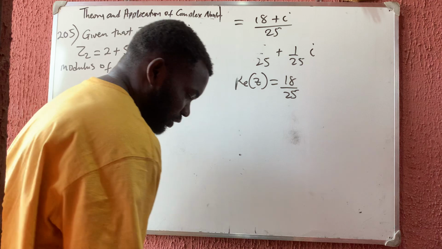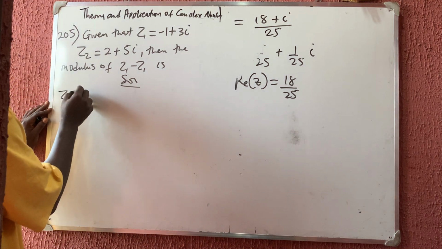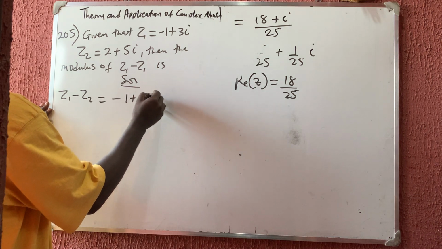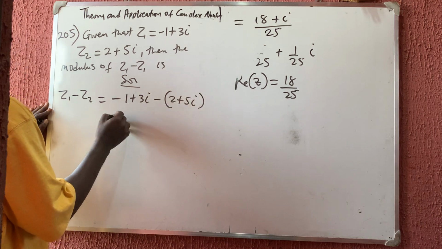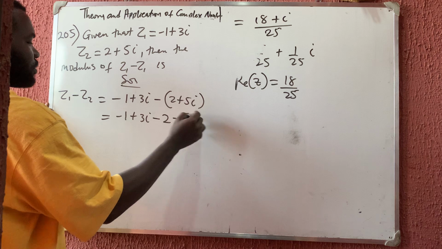Solution. The first thing you need to get is z1 minus z2. So z1 minus z2 simply means z1, which is minus 1 plus 3i, minus z2, which is 2 plus 5i.